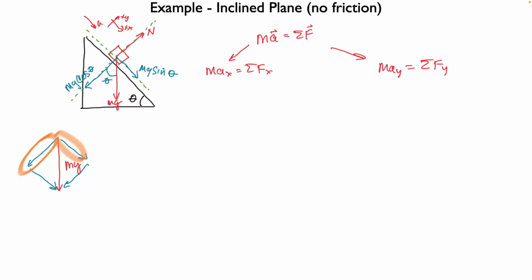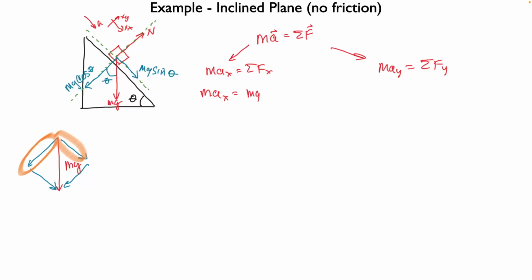Now that we've got our components, we can go ahead and write down Newton's second law. In the x direction, it's the mass times the acceleration in the x direction. And how many forces are there in the x direction? I only see one. What is it?